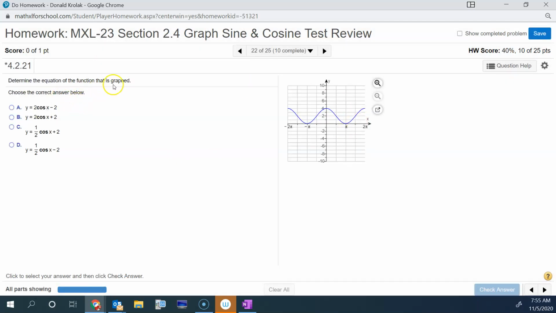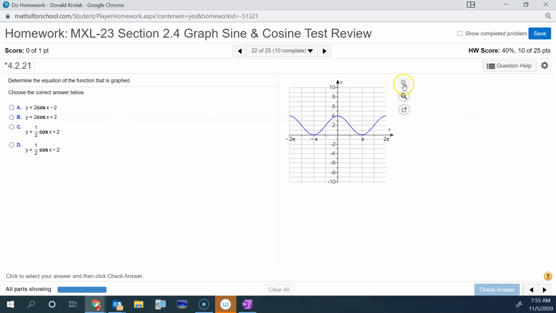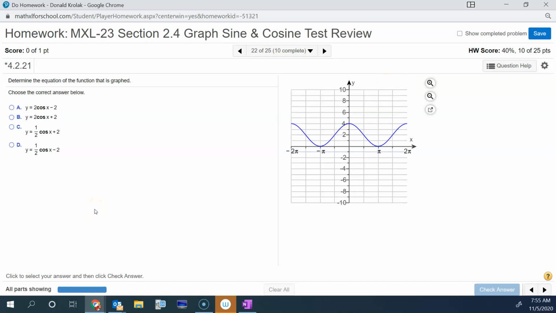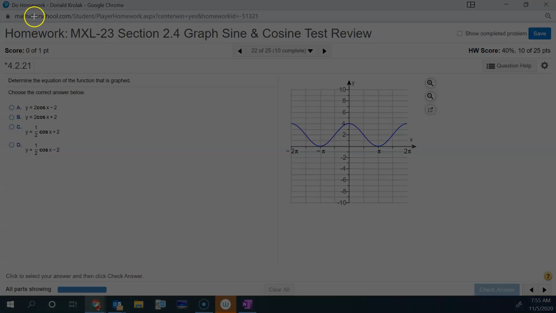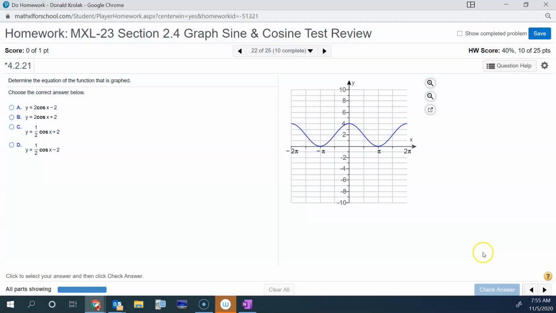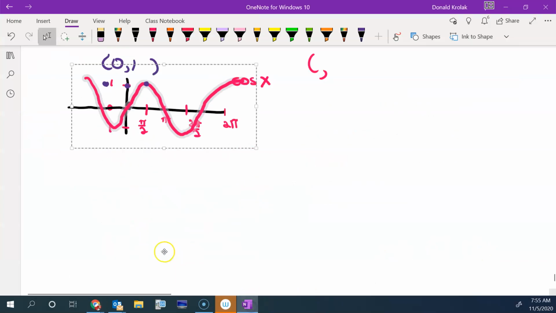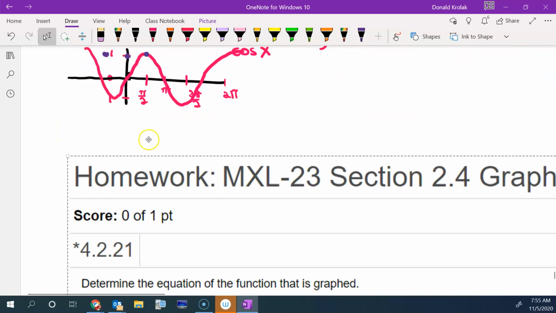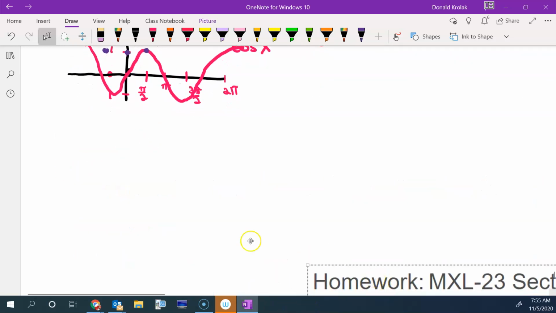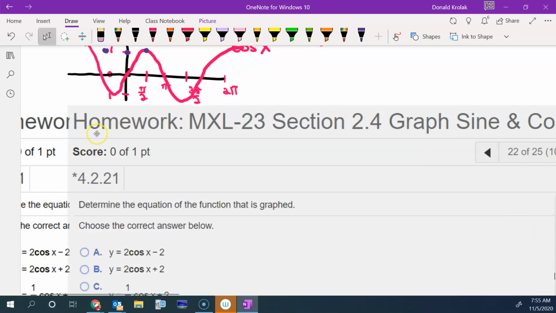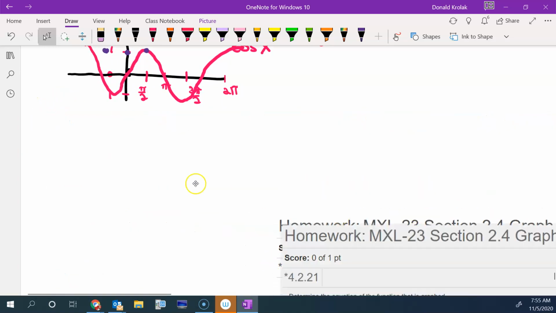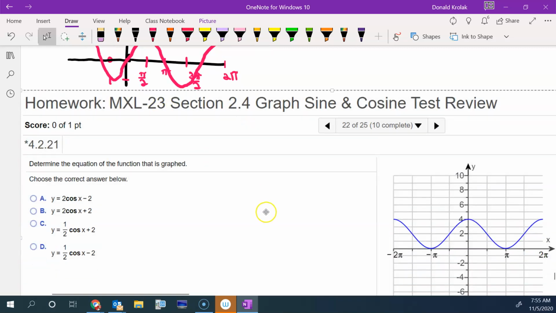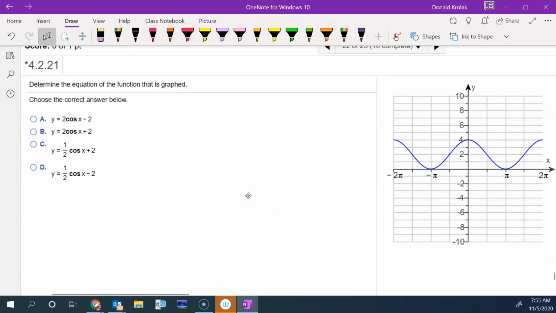All right, match the graph. So Araceli, what do you think?